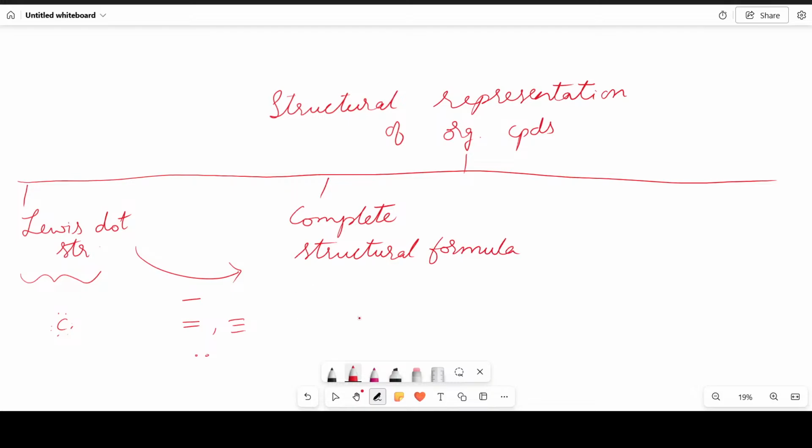Complete structural formula. For example, I have ethane. I'm going to show all the atoms in the given molecule and the bonds. This is the complete formula.